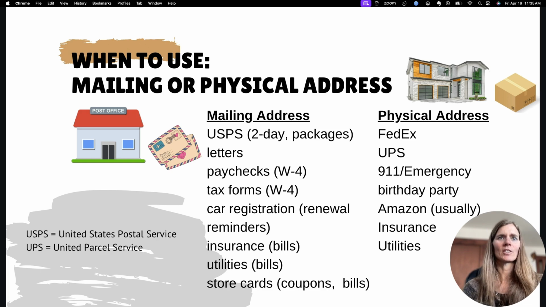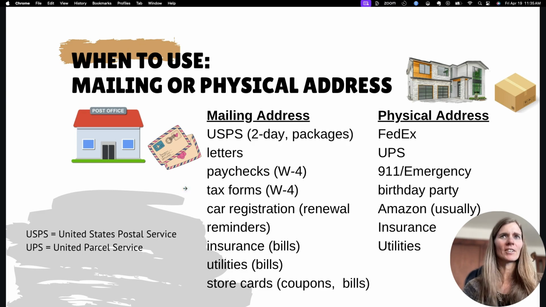If you're using their services, you can get envelopes or boxes from the post office and send things that way. If you are sending a letter, you would use your mailing address in the return address area.